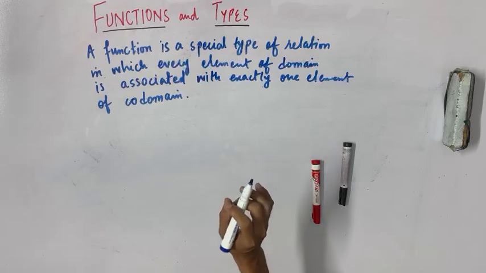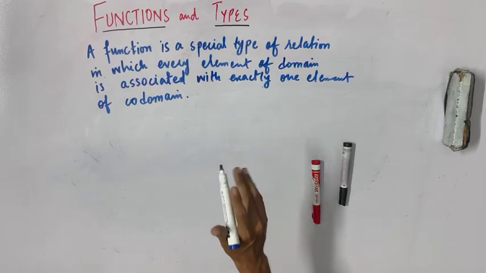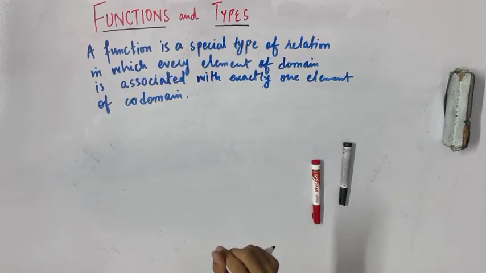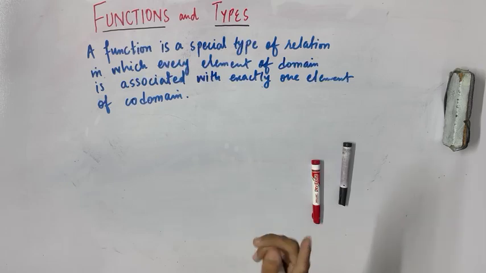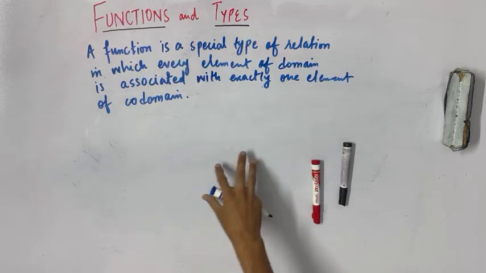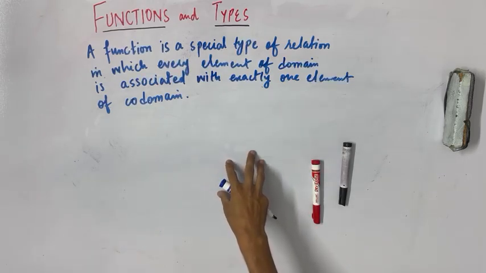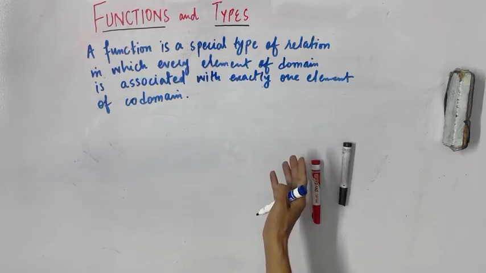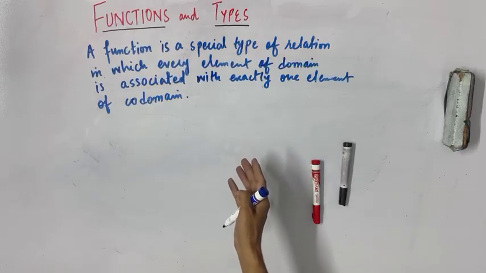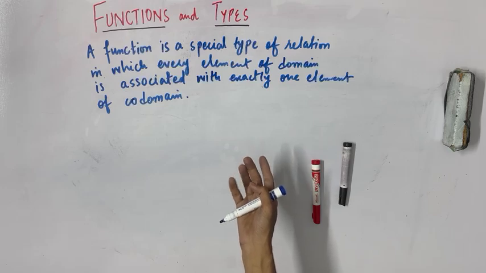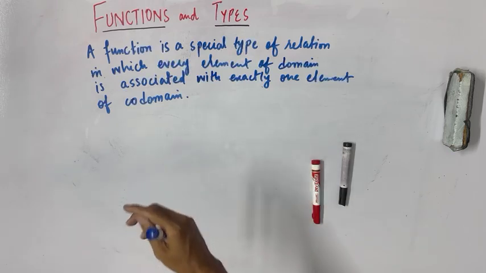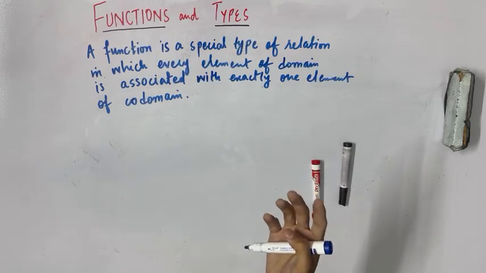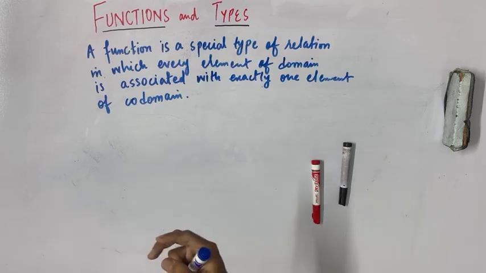If the condition is like this, that you are switching on a button and your light as well as fan is on due to only a single button, then this will not be considered a function, because for one input there are two outputs. This is not the case for a function, but it is a relation, because two things are turning on from a single button.